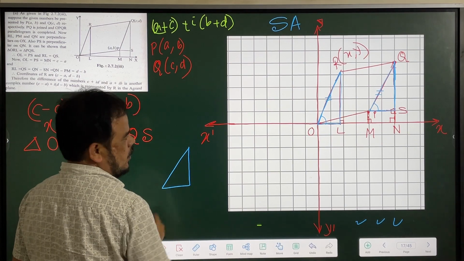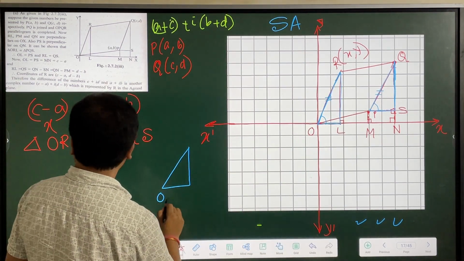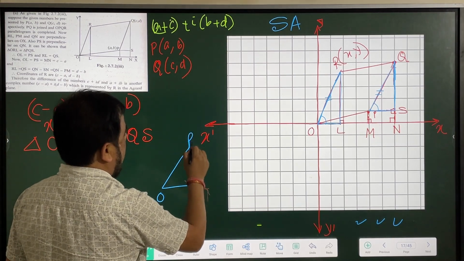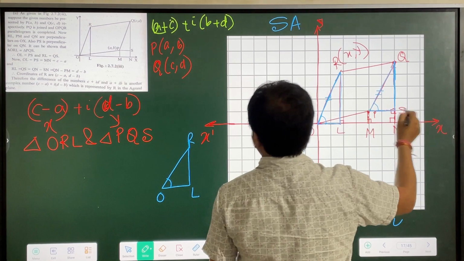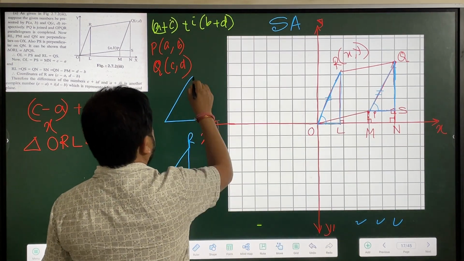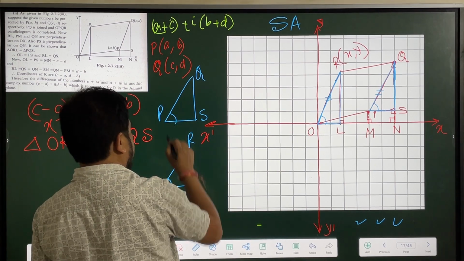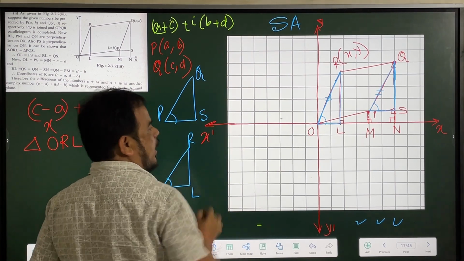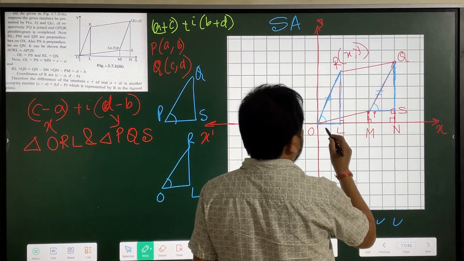In triangle OLR, this angle, and QPS, this angle, if we can say they are equal then we can go to A, but we are not sure they are equal or not. But how can it be equal?